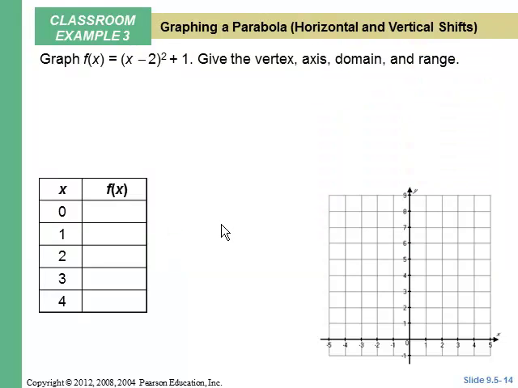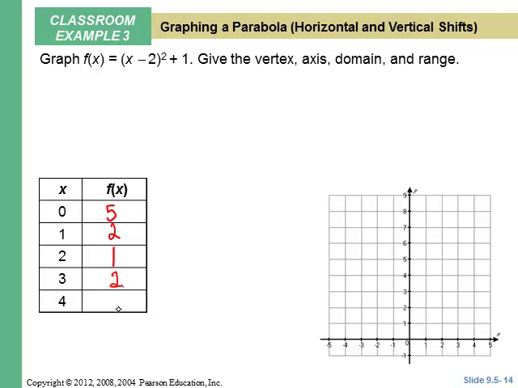Now what happens if you do both of those? Well, we can substitute in. 0 minus 2 is -2, squared is 4, plus 1 is 5. 1 minus 2 is negative 1, squared is 1, plus 1 is 2. 2 minus 2 is 0, squared is 0, plus 1 is 1. 3 minus 2 is 1, squared is 1, plus 1 is 2.